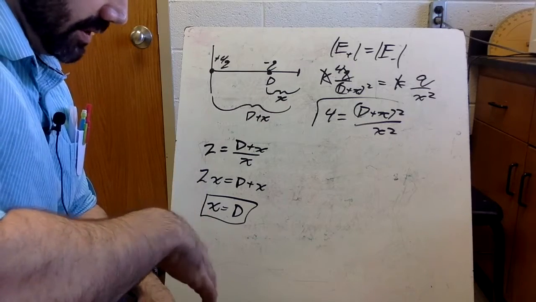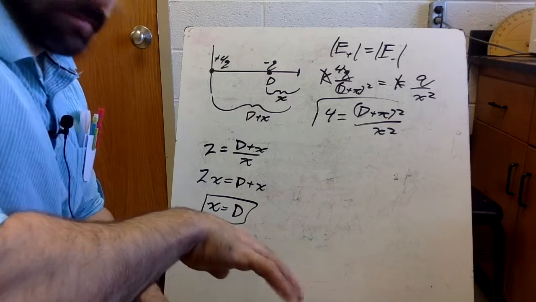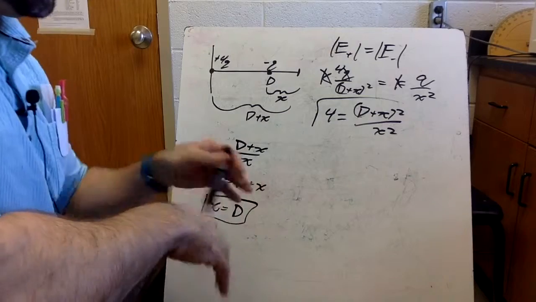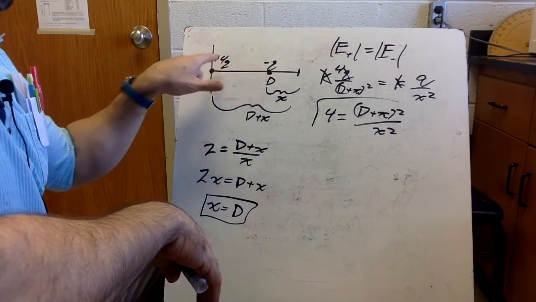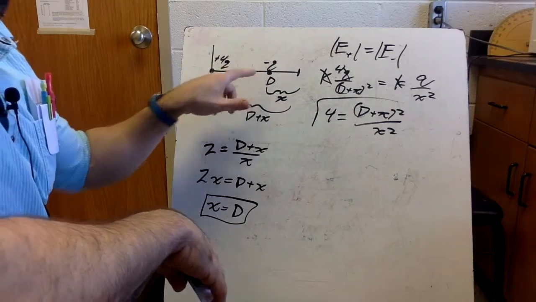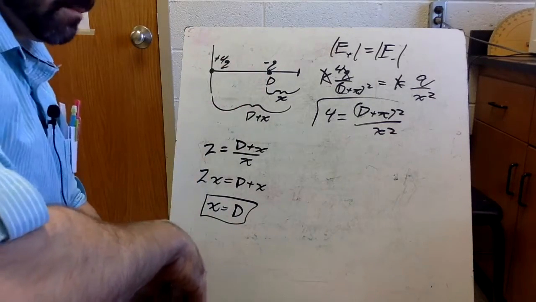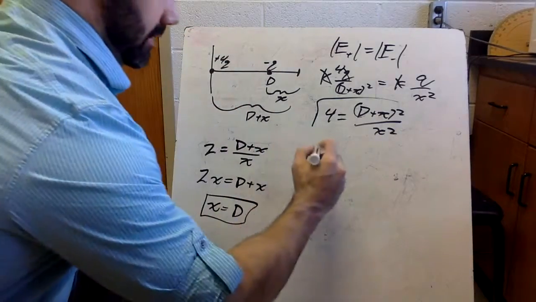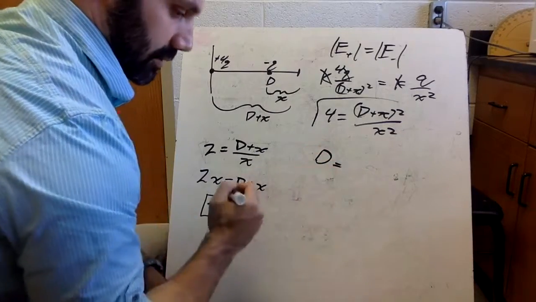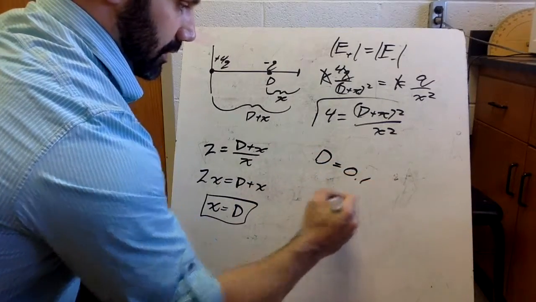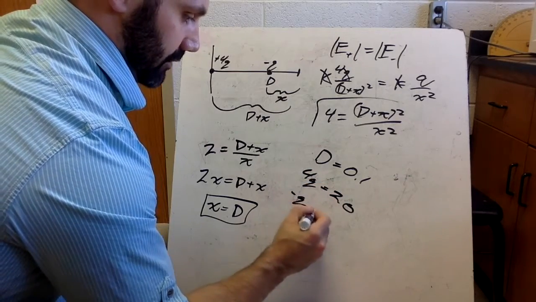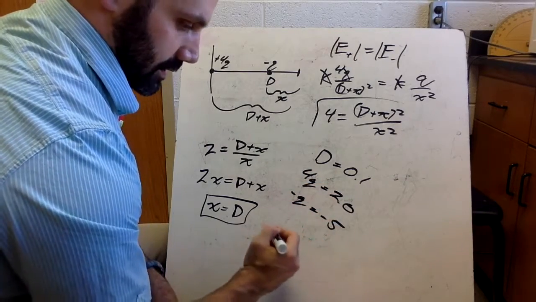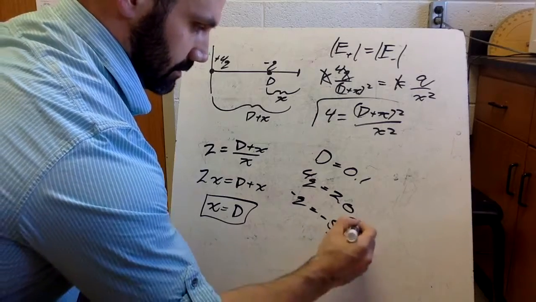Because now example 6, notice that we've got 20 and negative 5. 20 is 4 times as much as 5, positive 20 and negative 5. So really example 6 is exactly the same as this, except that d equals 0.1, 4q is 20, and negative q is negative 5, all microcoulombs.